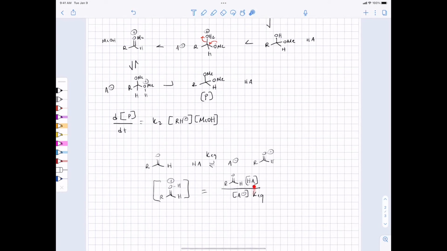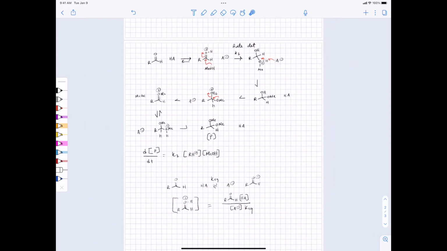And then we can plug that back into this equation. So we're going to use these ideas in the future as we talk about catalytic reactions. And the issue of whether we say proton transfer is happening during the rate determining step or after is going to be a key issue.